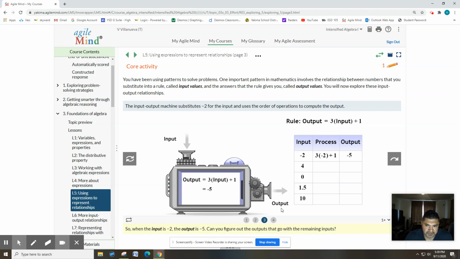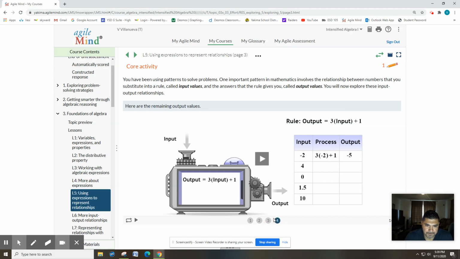What will our output be? And we're going to let our machine do its thing. So here we have the 3 times 4 plus 1. And that will give us 13.